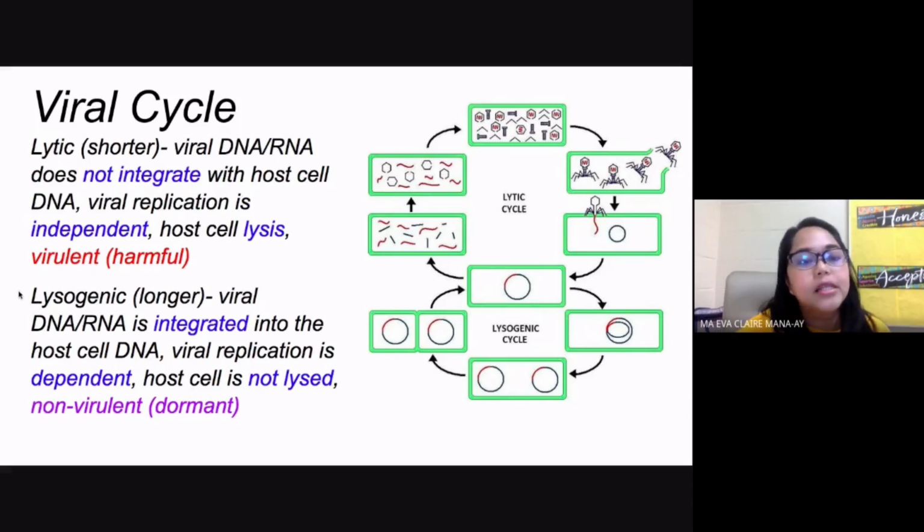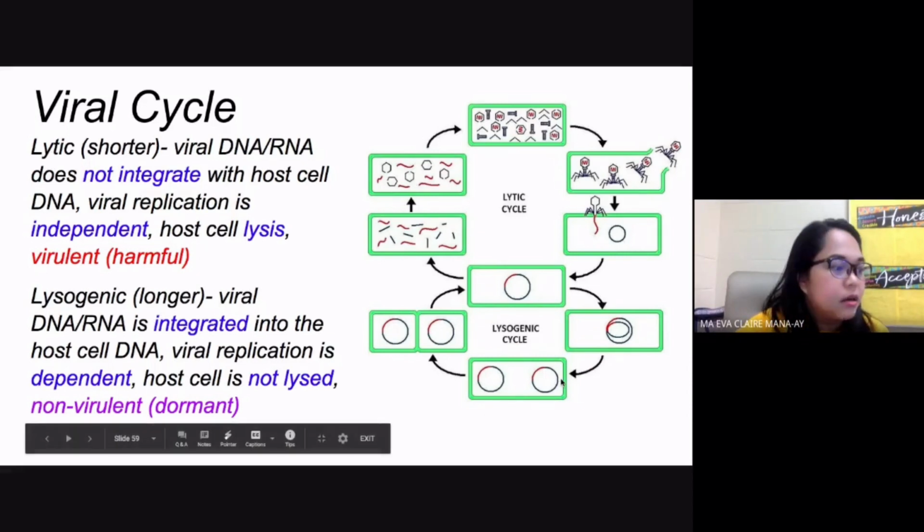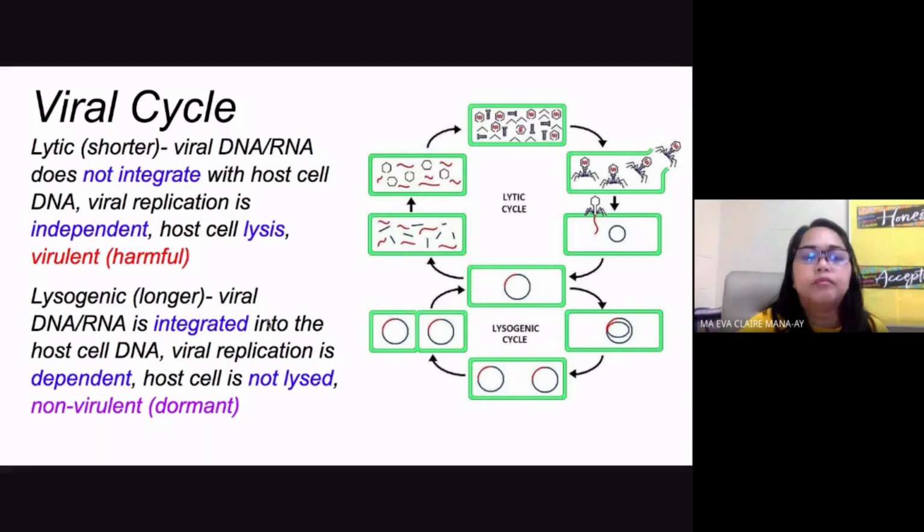Now your lysogenic cycle here, lysogenic stage here, this is a longer cycle. So your lysogenic cycle here is this one, and this is considered the longer stage in your viral cycle. Now, the most important part here, which is different between your lytic stage and your lysogenic stage, is that in your lysogenic stage, your viral DNA or RNA is actually integrated with the DNA of your host cell.